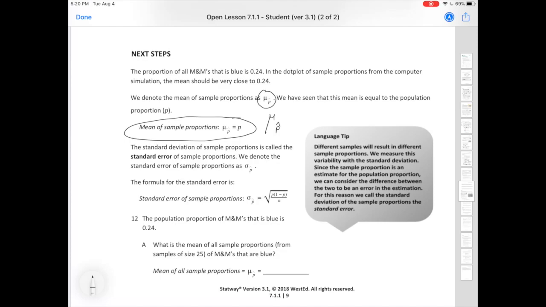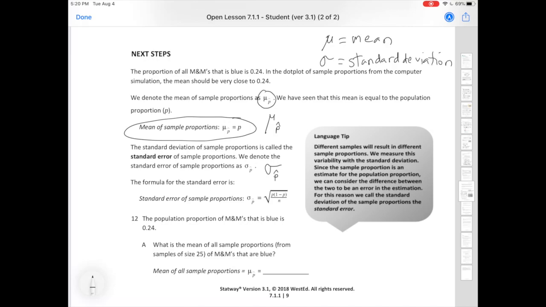The standard deviation of sample proportions is called the standard error of sample proportions. We denote that with the sigma symbol, sub p hat. Remember, guys, from the earlier class, we learned that this is how you say mean, and this symbol is how you say the standard deviation.